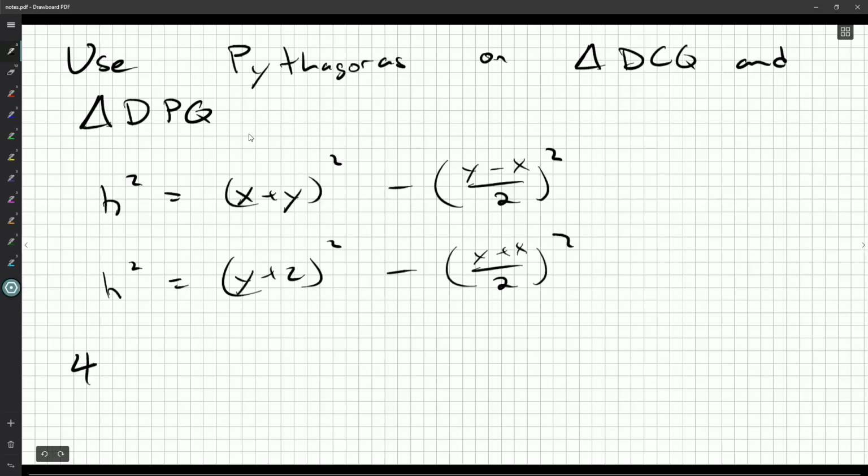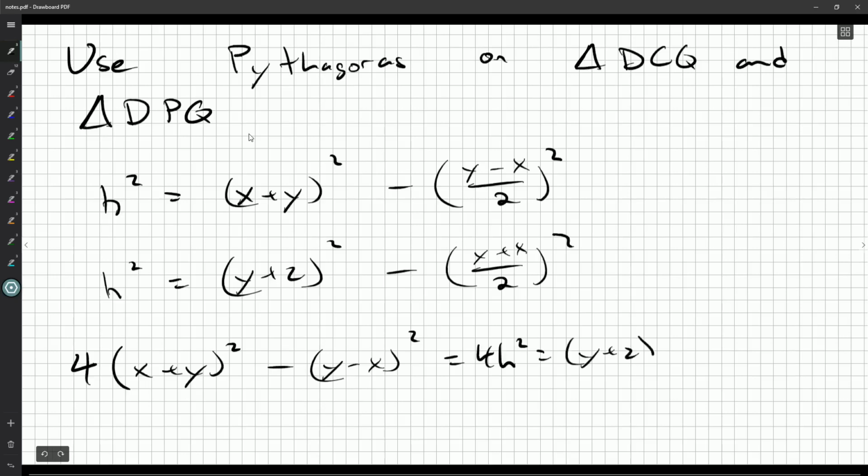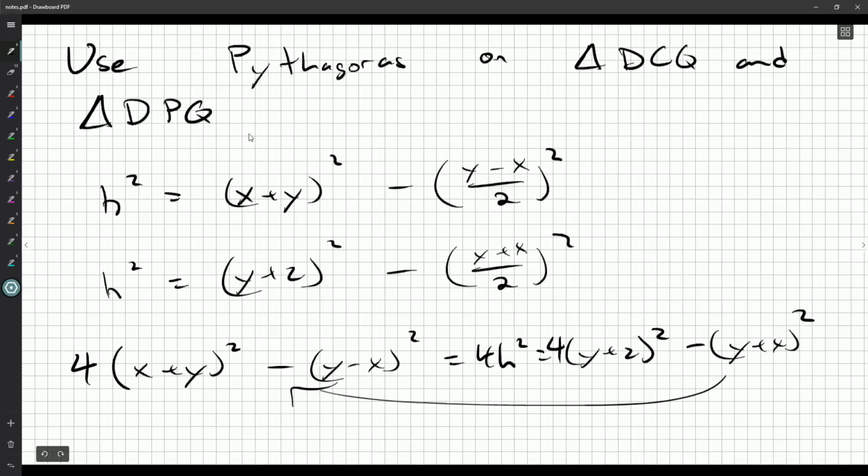So 4 times x plus y squared minus y minus x squared is equal to 4h squared, which is equal to 4 times y plus z squared minus y plus x squared. That way we can at least bring this over to the other side.